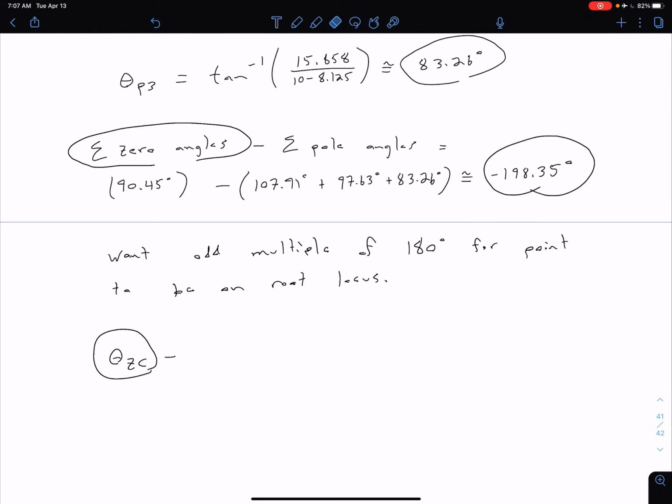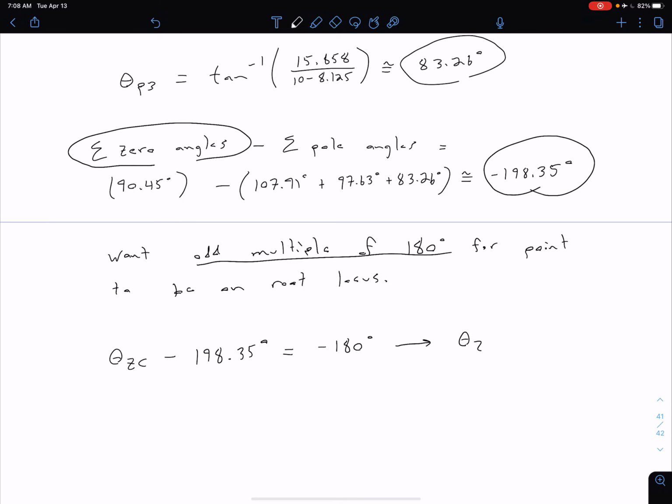So we have theta ZC plus the negative 198.35 degrees, and we're saying that needs to be an odd multiple of 180. The closest odd multiple of 180 is negative 180, and so that gives us our theta sub ZC of approximately 18.35 degrees.